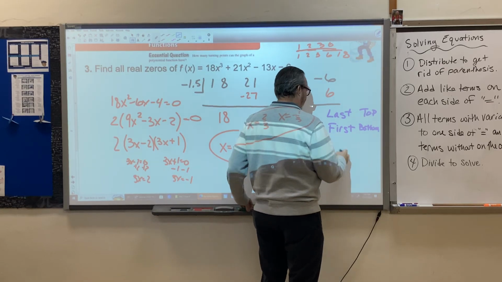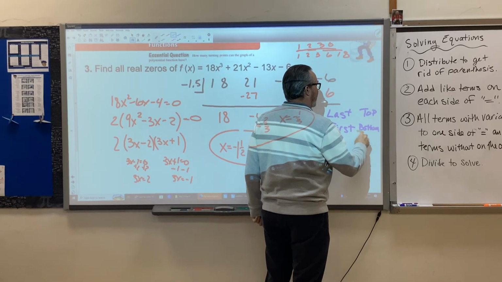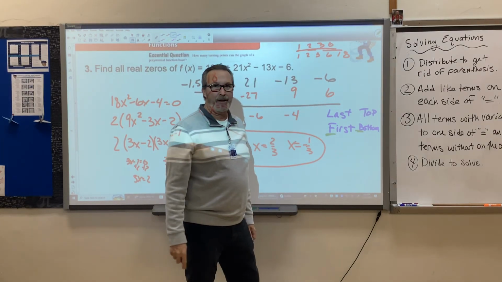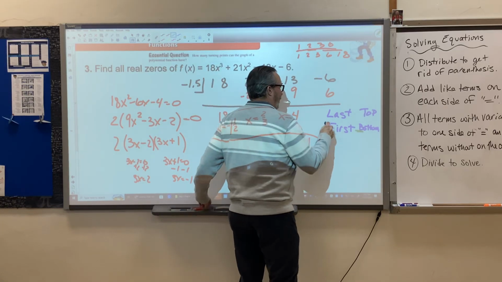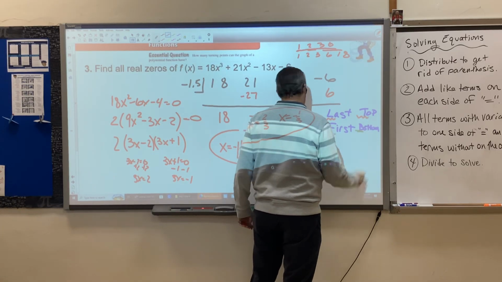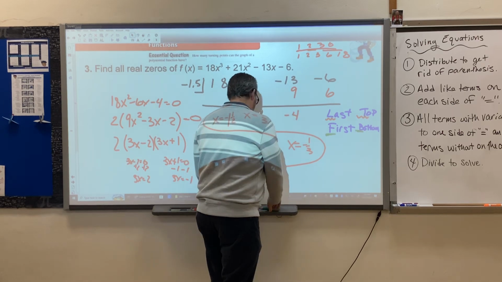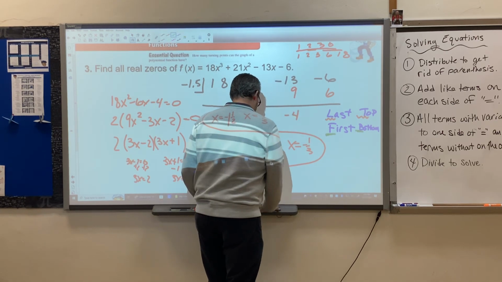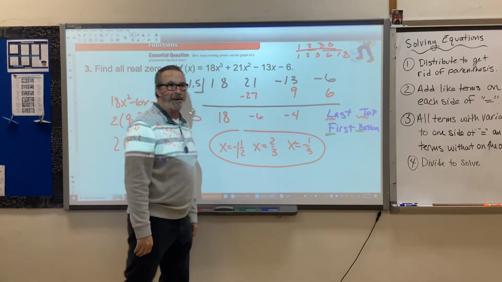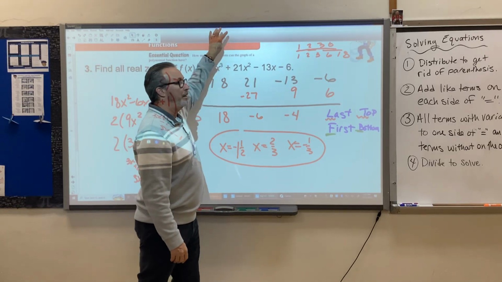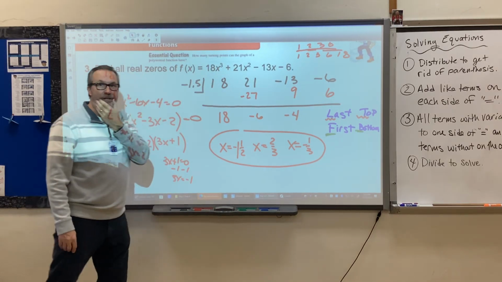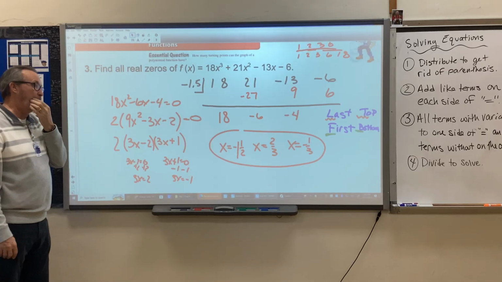Notice alphabetically, first and bottom are first, last and top are last. Just a way to remember the last number you put on the top. Some people still mix that up on the test now.